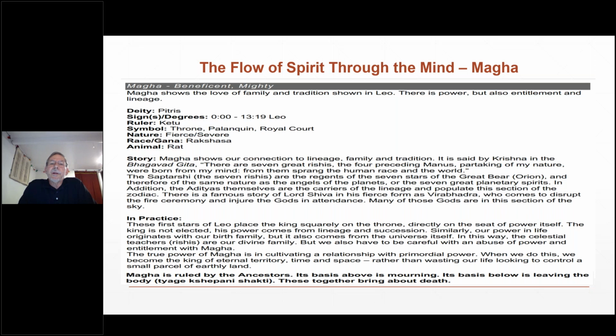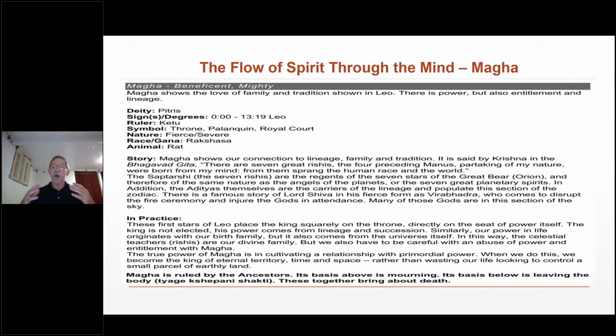So the first one, Magha, which sits squarely on the throne, the symbol is the throne, a palanquin, and the royal court. A palanquin, you've seen these in movies where the king will get in a sort of a box and there's these rods, kind of like carrying a casket, and they put it up on their shoulder and they carry the king or the queen in the palanquin. And that's what that's all about.